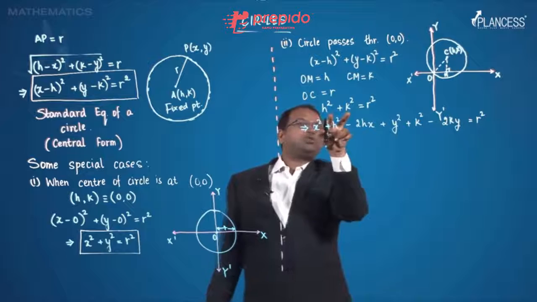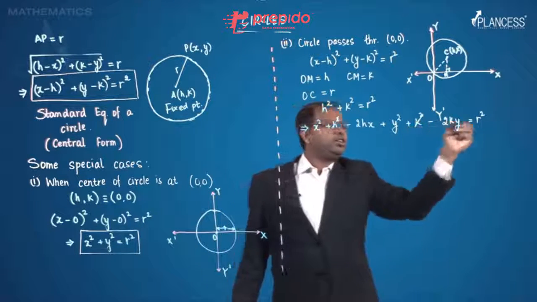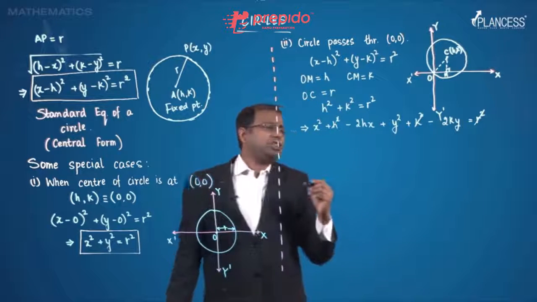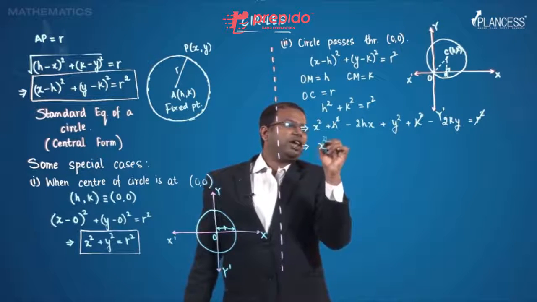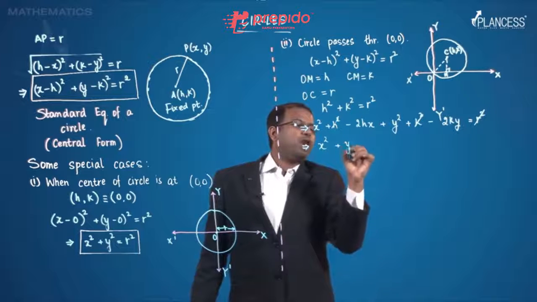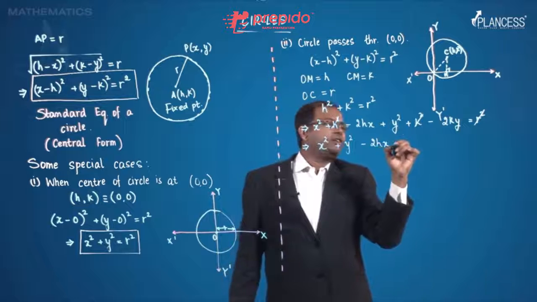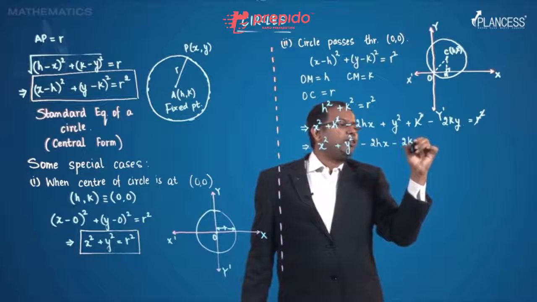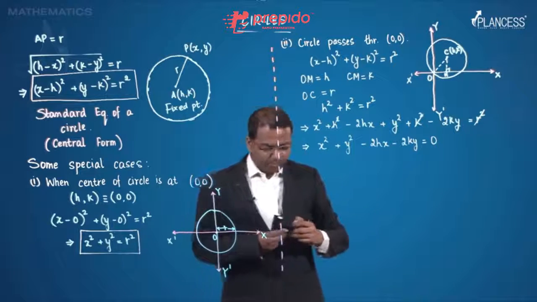Now since h square plus k square is equal to r square, we can easily get rid of these three constant terms, and now what we are left with is nothing but x square plus y square minus 2hx minus 2ky, and on the right hand side we have nothing but a 0.